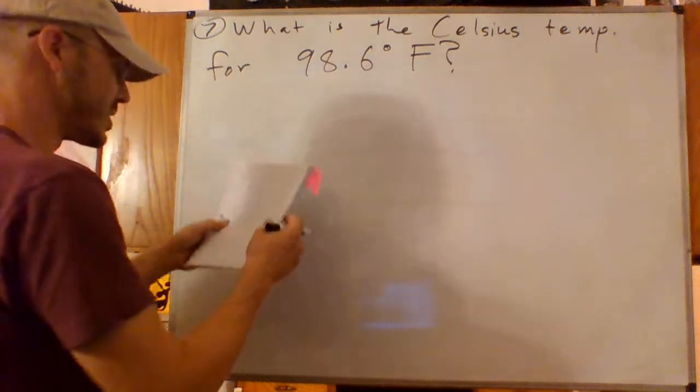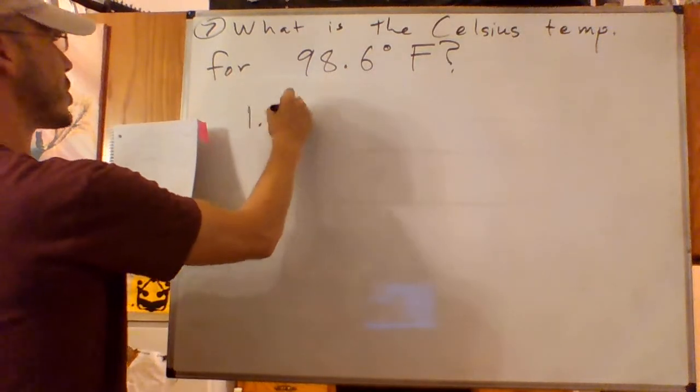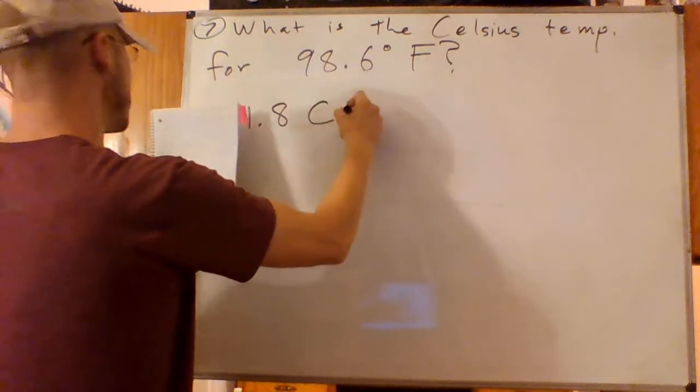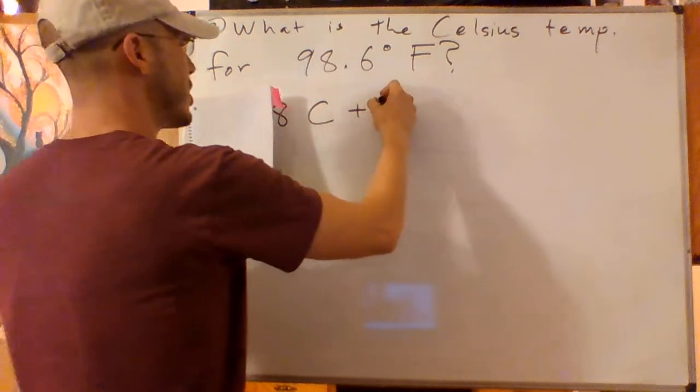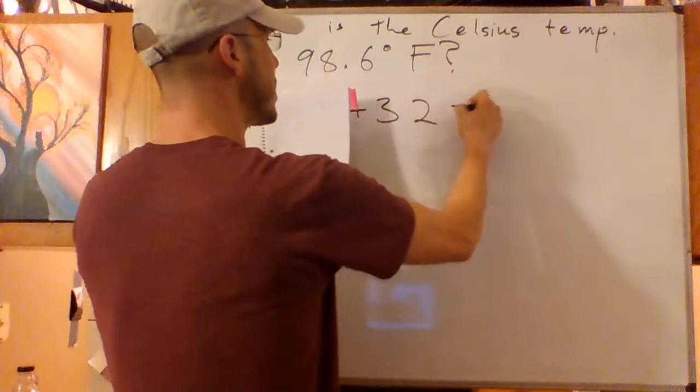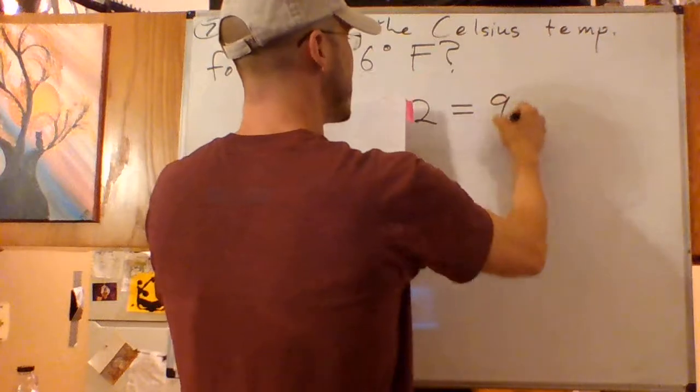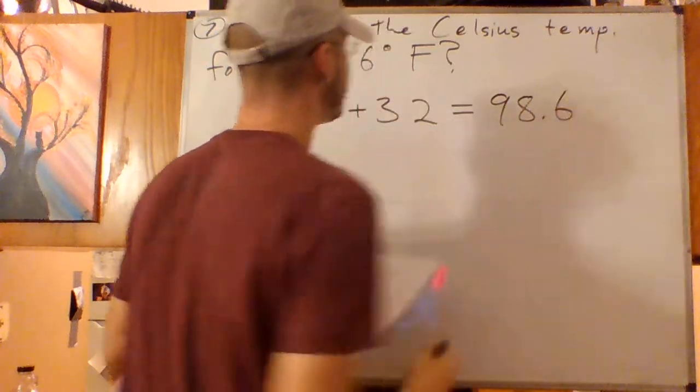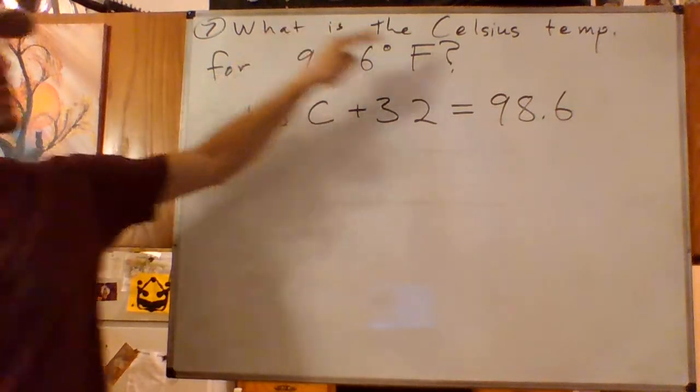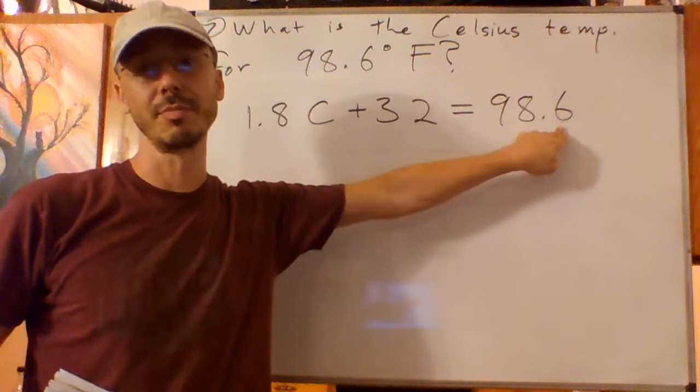And they give us this expression 1.8 C plus 32 equals 98.6. So the 98.6 is the Fahrenheit degree temperature.